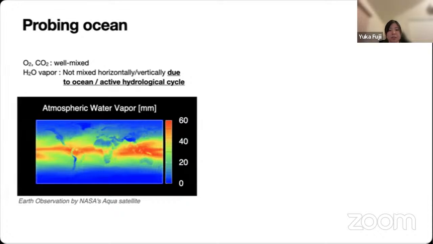So in reality, habitable planets usually have water clouds, and so the identification of such signatures is challenging.